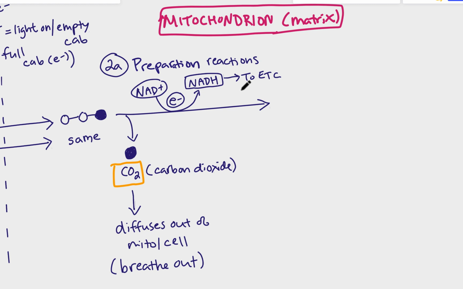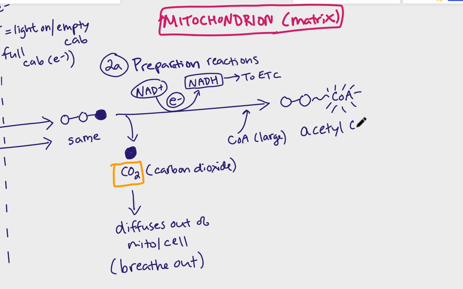And then in order for this 2-carbon compound that we have now from breaking off the CO2 to be reactive, another molecule is added on called coenzyme A or CoA. So it's very large. And when it's added on, I'm drawing a wiggly bond because it makes the molecule reactive and unstable. And I'll draw some lines around to show that it's an unstable reactive molecule. And this molecule is called acetyl-CoA.